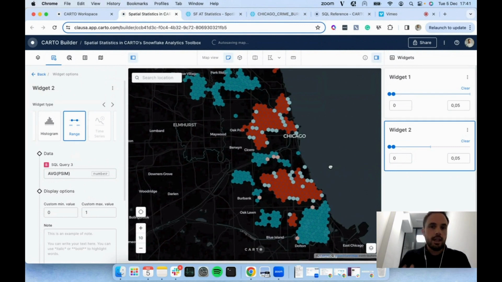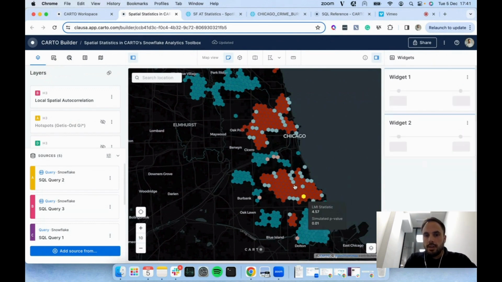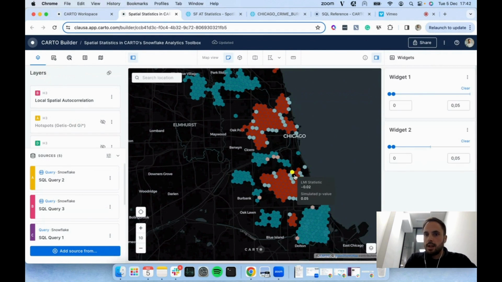Okay, so in this case, again, this information is even richer than the one we had before with Getis-Ord, because we not only have clear hotspots and cold spots similar to the ones we had before. Now we have more information, like these light green areas here that are locations with low rate of crime, surrounded by areas which initially have a high rate of crime.